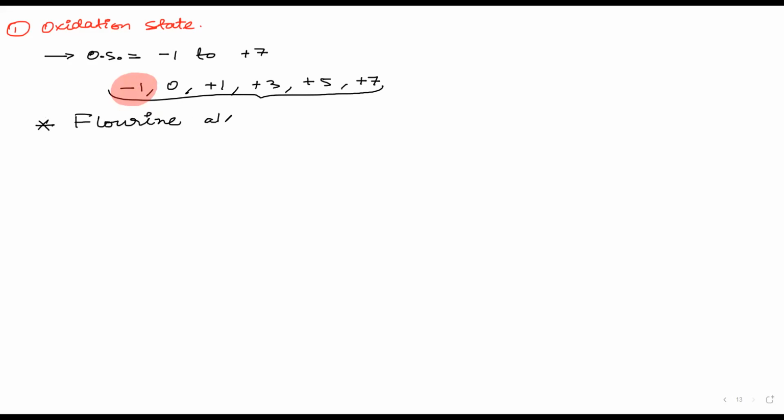Fluorine always shows -1 oxidation state. But somebody will say that in F2 it is in what oxidation state? 0, right? So it will always show -1 oxidation state with other atoms. Why? Because fluorine is most electronegative.